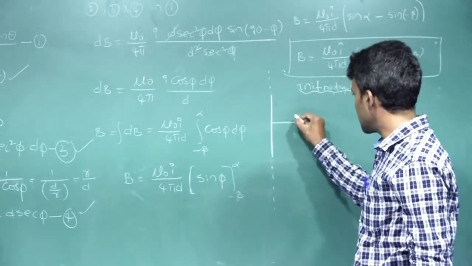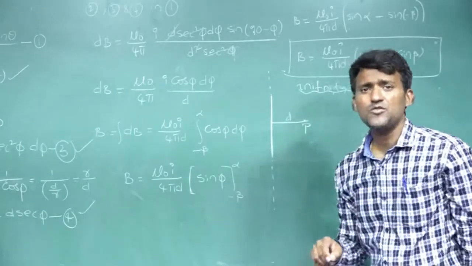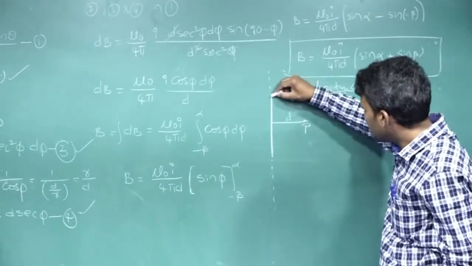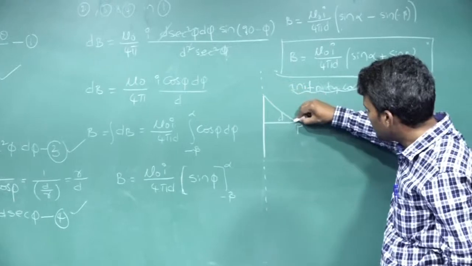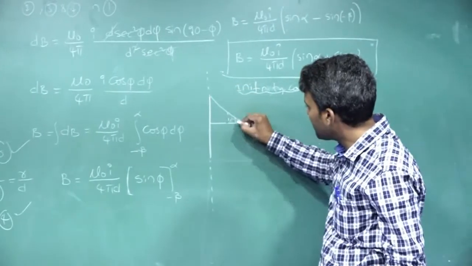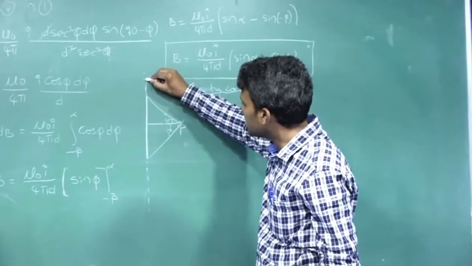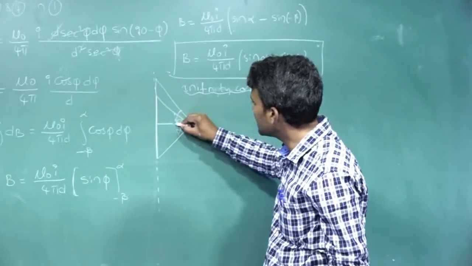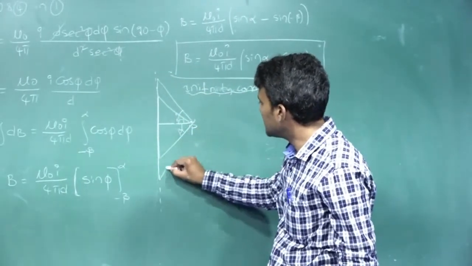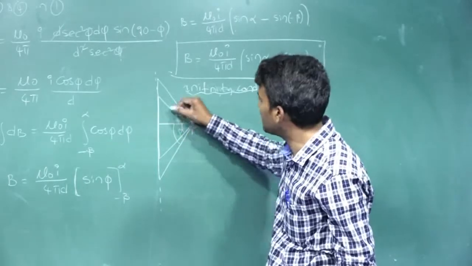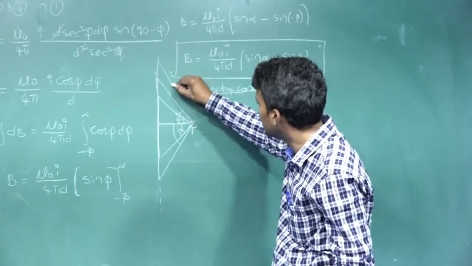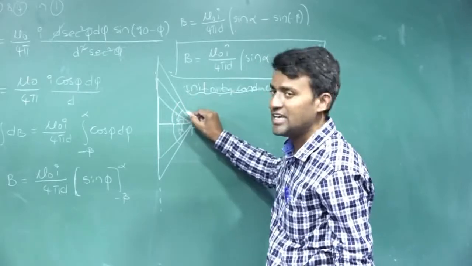See here, the distance from here to here is d. For an infinite conductor, this angle we took as alpha and this angle as beta. If the length is increased, this angle increases, and if the length increases, this angle also increases. I increase the length again, and the angle keeps increasing.